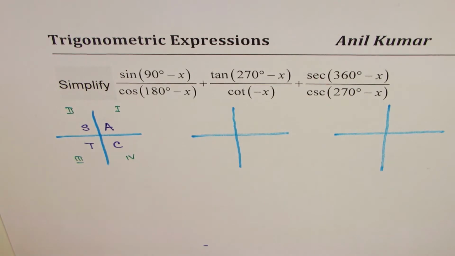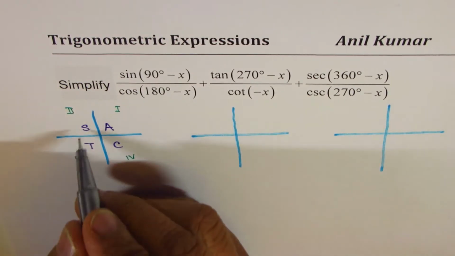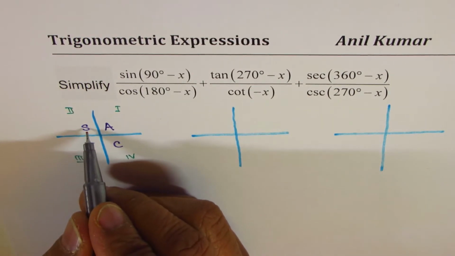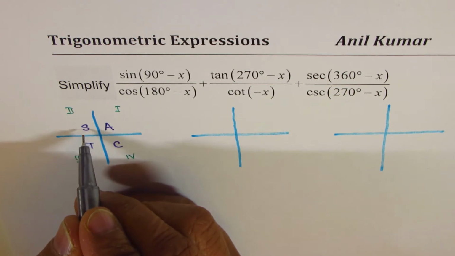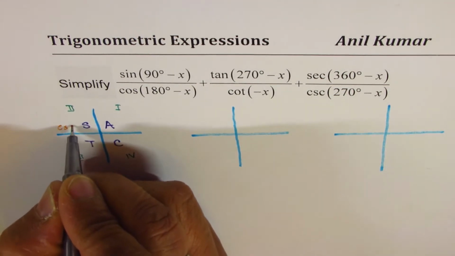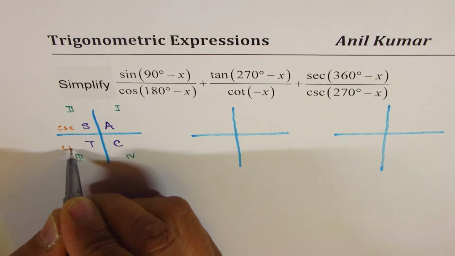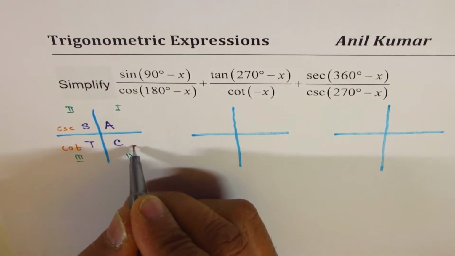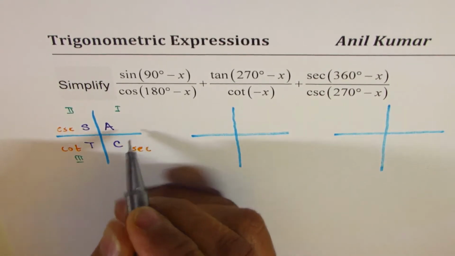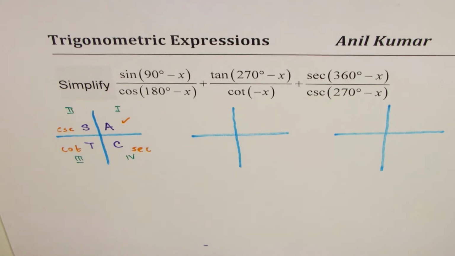Now obviously if sine is positive, that also means that reciprocal of sine is positive, right? So that means cosecant is also positive. Here cot is positive and here secant is positive. Is that okay? And here all are positive as far as the reciprocal ratios go, right?